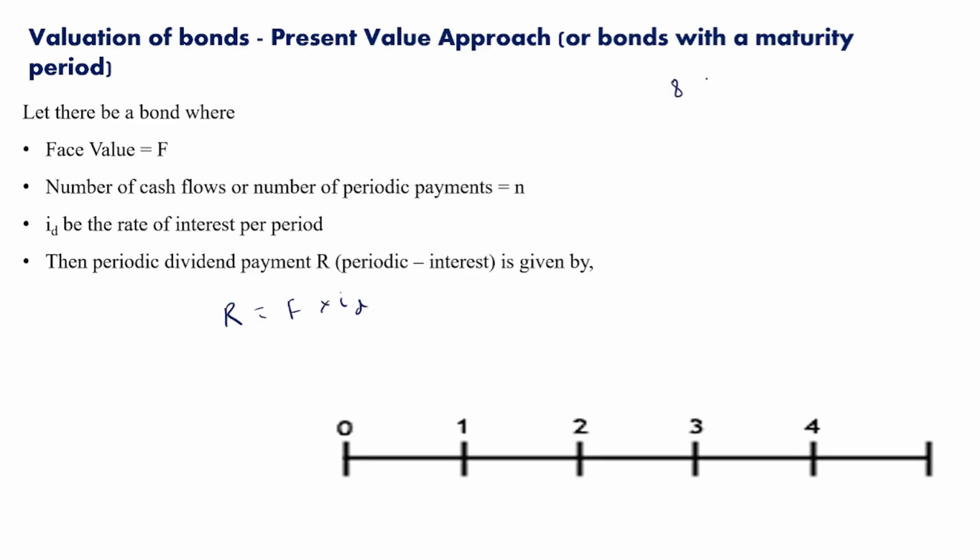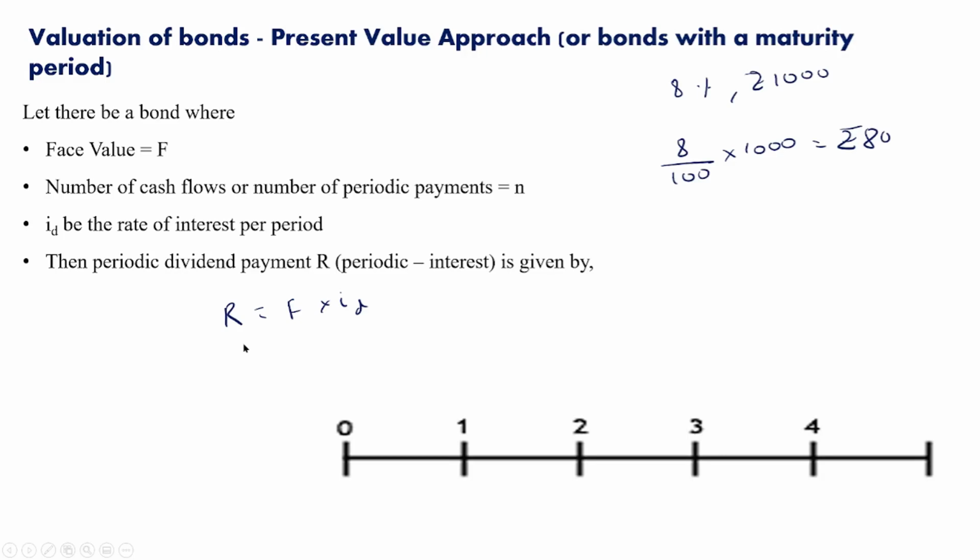As I already mentioned in the example, for an 8% rupees 1000 bond, the periodic interest payment at the end of each year will be 8% of 1000. So it is 8 by 100 into 1000, which is rupees 80. So the periodic interest is calculated as the face value into the rate of interest per period.